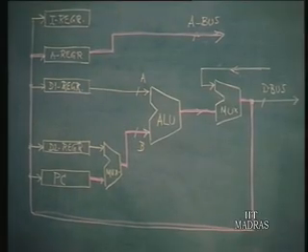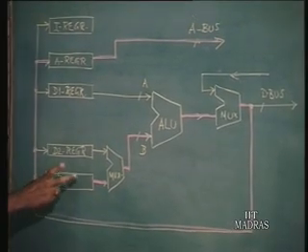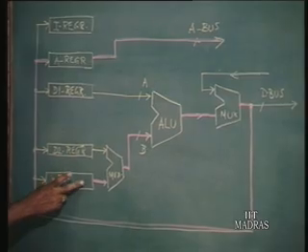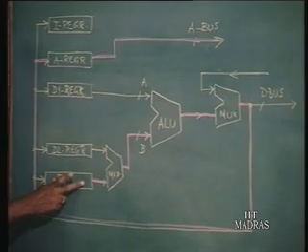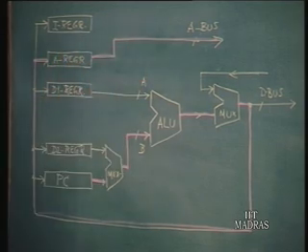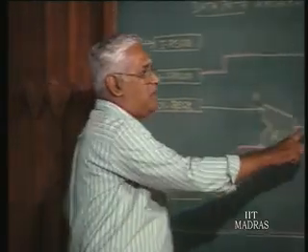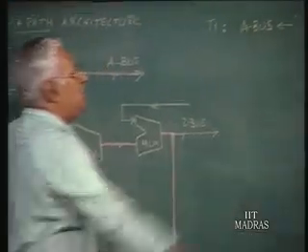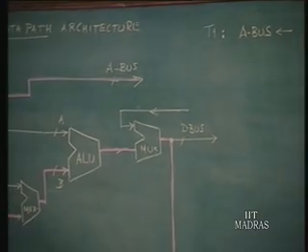So essentially you can see ultimately the contents of PC, which is again a register or counter, whatever you call it, will be transferred to the A register, and that is made available on the address bus. This is precisely the data path that must be set up during T1.